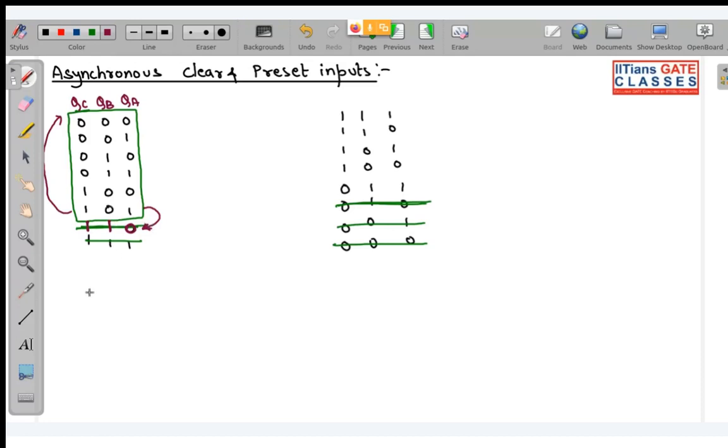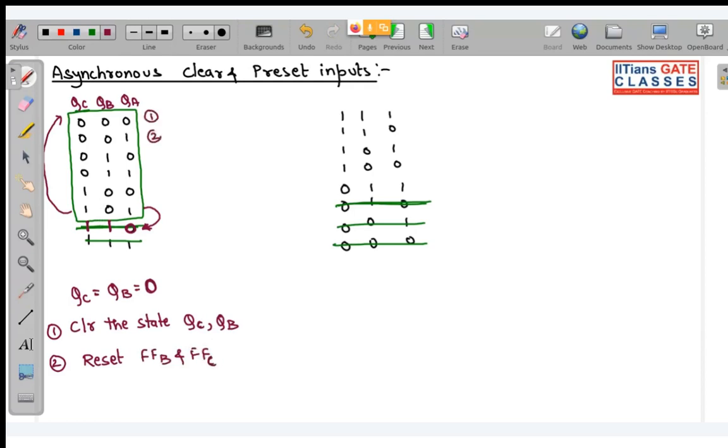So basically, if I do QC is equal to QB is equal to 0, that means if I clear the state of QC, QB, or if I reset flip-flop B and flip-flop C at this point. So if this is your first clock pulse, second clock pulse, third, fourth, fifth, sixth.